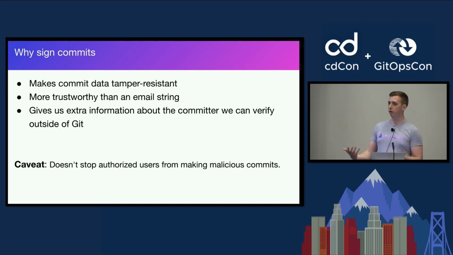One thing I will note here that code signing does not prevent, which we won't go too much into detail for this talk, is that code signing does not stop a malicious user who is authorized from making a bad change. So this is, a disgruntled open source maintainer decides that, hey, we're going to start pushing malware into our libraries now. That is also a concern for software supply chain, but not something we're going to be focused on here today.